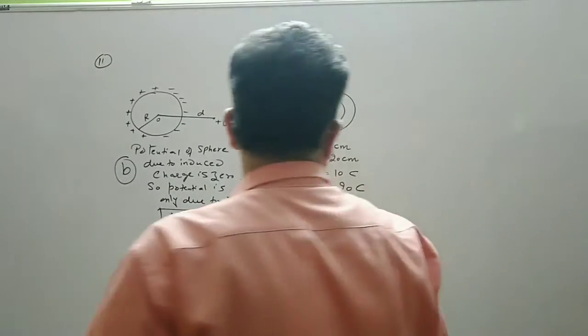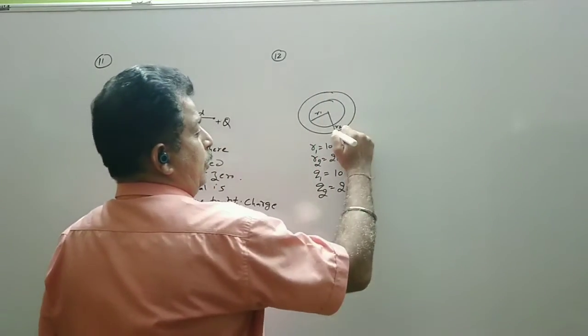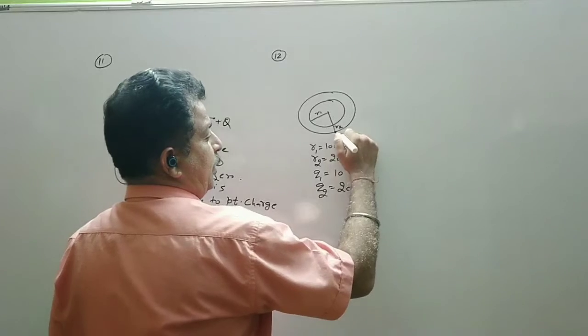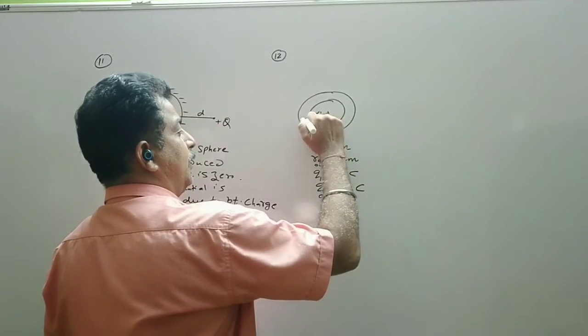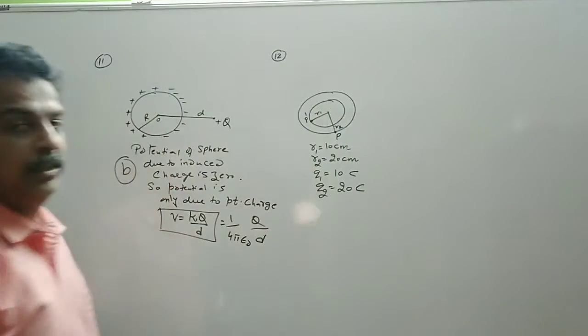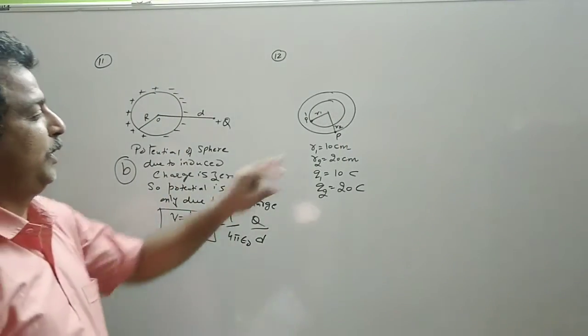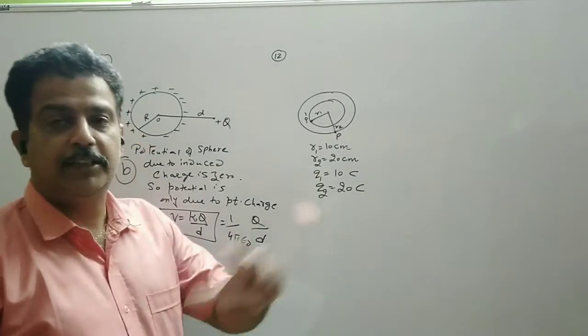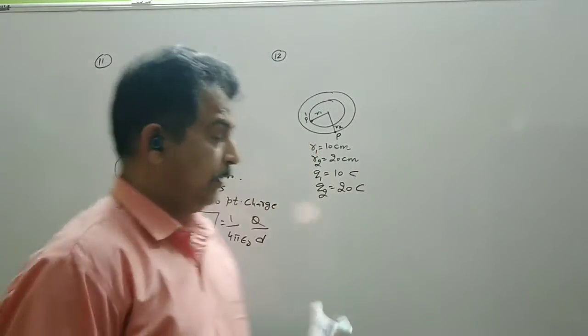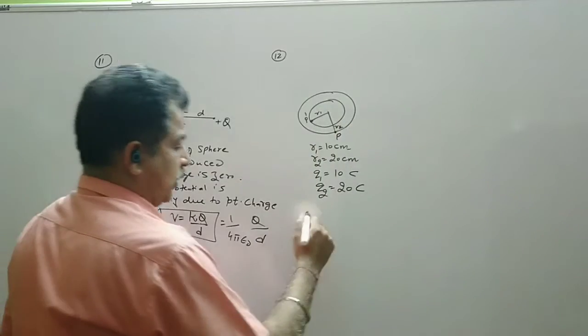So let the potential of this sphere be V1. Let us take this point as P and this point as P dash. We have to find the potential of the individual sphere and then we will find the potential difference. So what is the potential of the outer sphere?